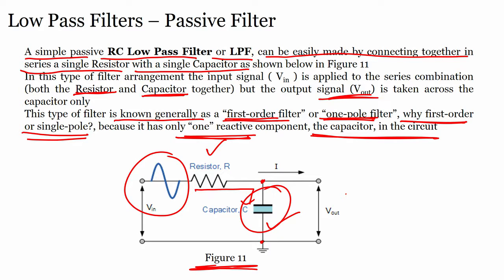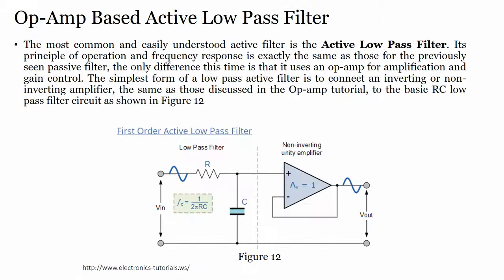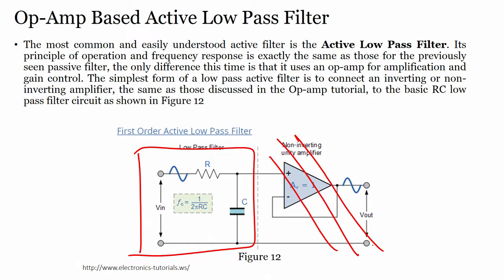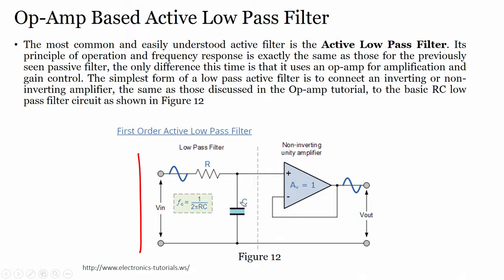Okay, next let us go to the next slide. Now I talk about the op amp based active low pass filter. Earlier we were using just this particular section, we were not considering the op amp. This becomes your low pass passive filter. If I use an op amp along with the passive section, it becomes my active filter. And what is this?